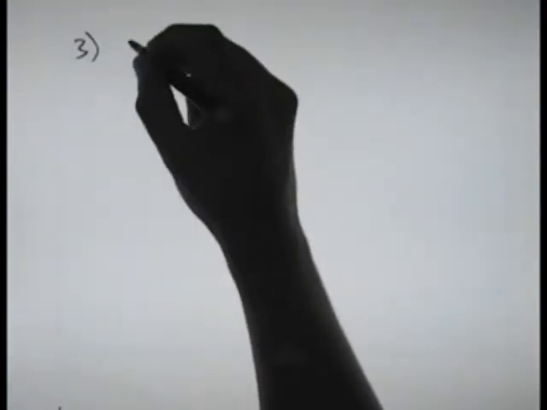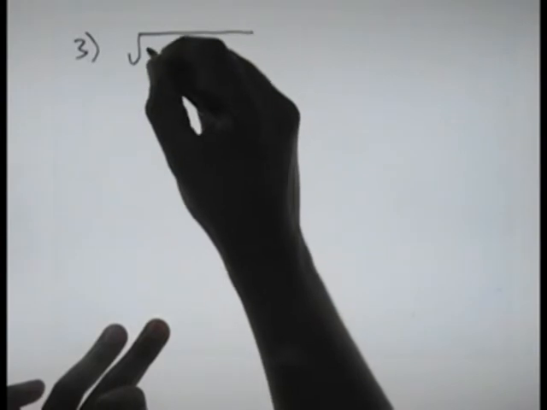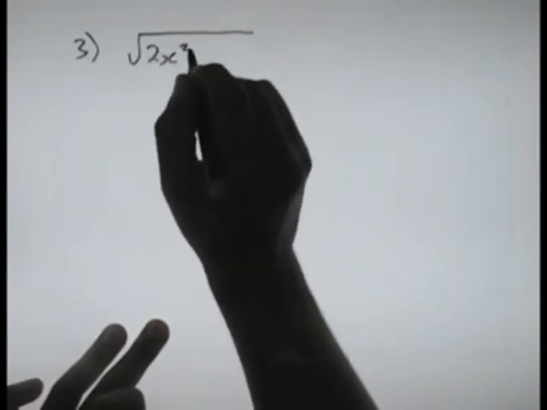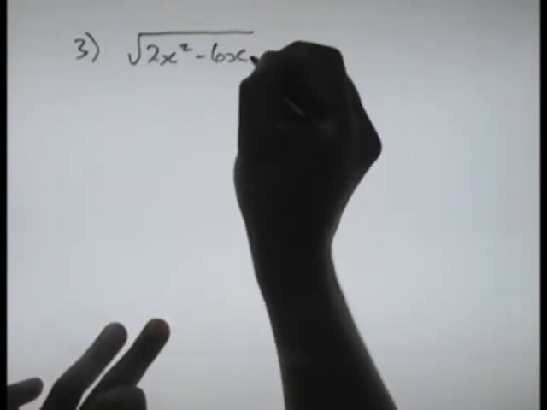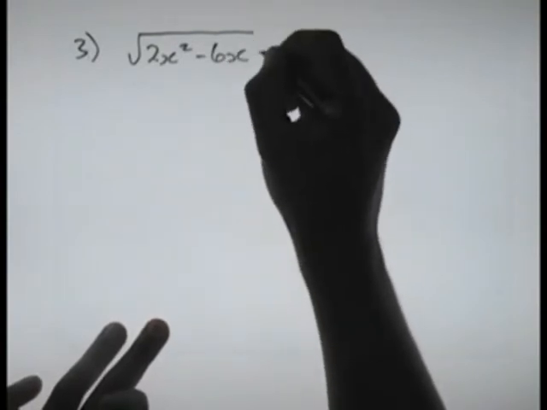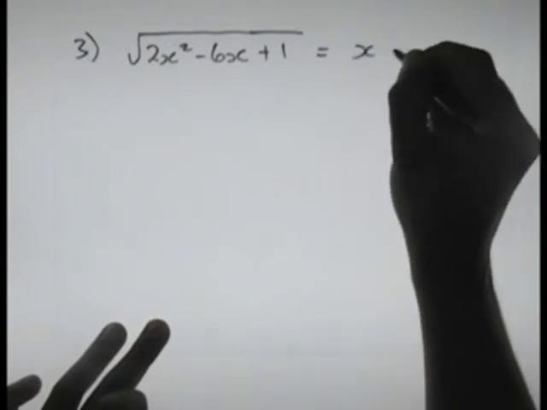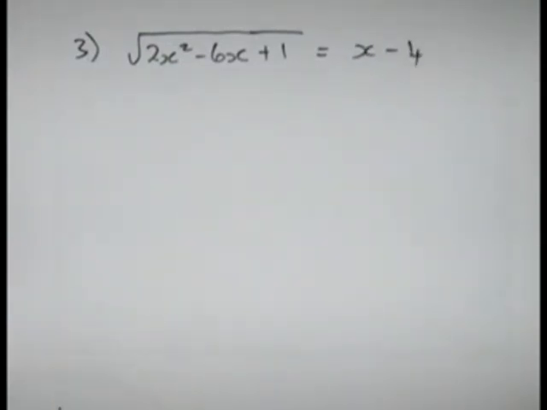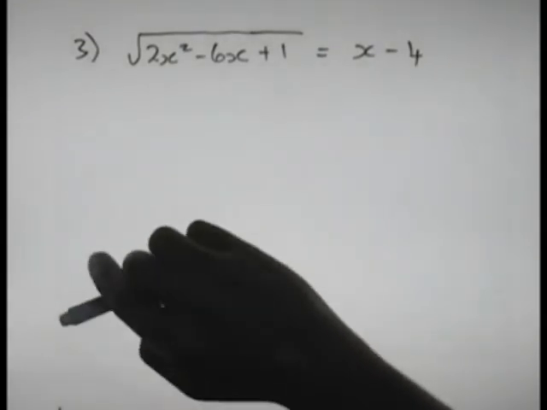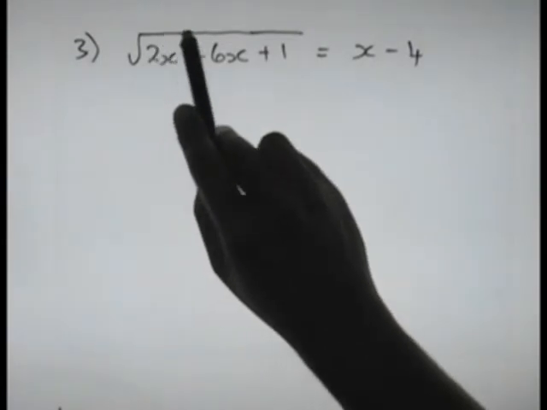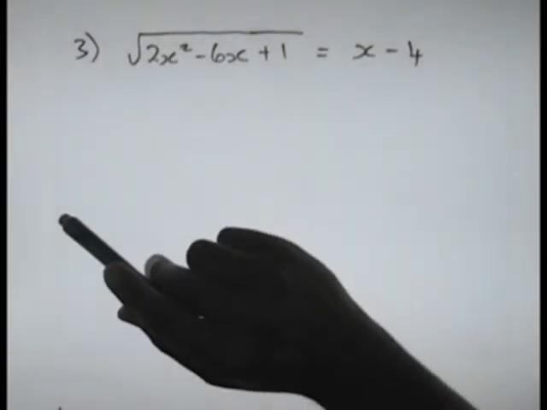Number 3 reads, square root of 2x squared minus 6x plus 1 is equal to x minus 4. With this type of question here, the biggest problem I have is the fact that I've got a square root over there.